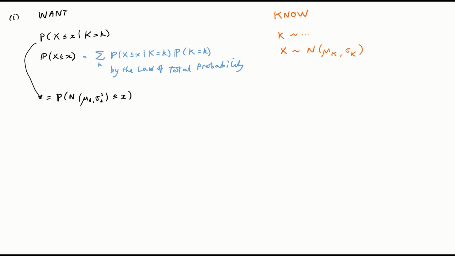First thing I would do is I just substitute in what we know. Conditional on the value of big K, we know that big X has this specific normal distribution with given mean and variance. In this equation I've written mu subscript little k and sigma subscript little k because we are conditioning on a specific value, big K equals little k.